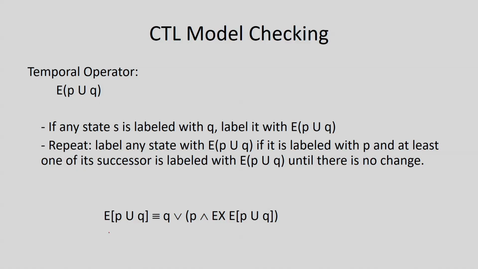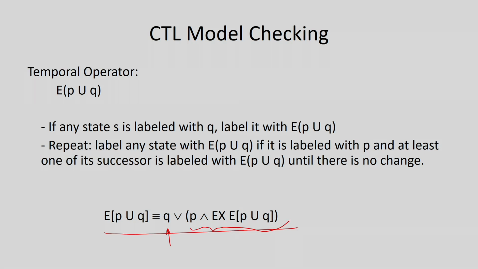Basically, this is nothing but the equivalence we have already seen, where E[P until Q] will be true in a state if Q is true itself, or it satisfies P and EX E[P until Q]. That is, there exists a path in which, in the next state, E[P until Q] is true.